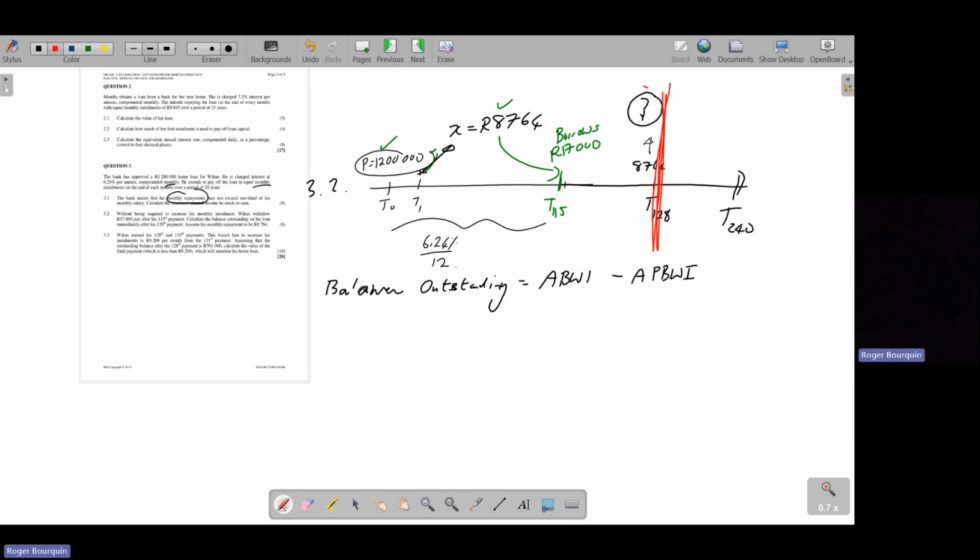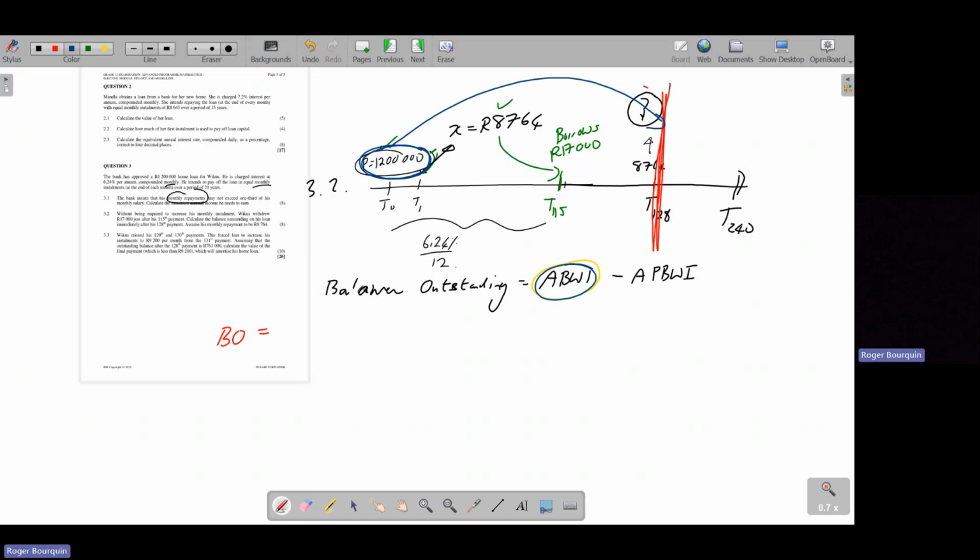So your balance outstanding is going to be equal to, well, what is the amount borrowed with interest? The amount borrowed with interest is what we borrowed in blue. What did he borrow? He borrowed, first of all, 1,200,000 rand. So we've got to take each amount to that point on the timeline.